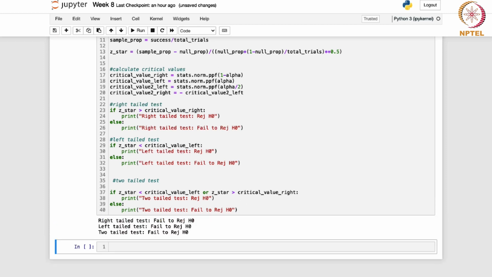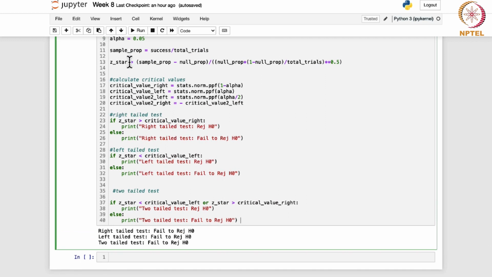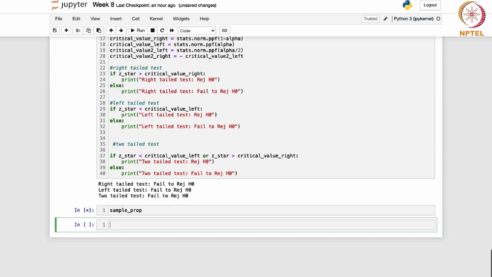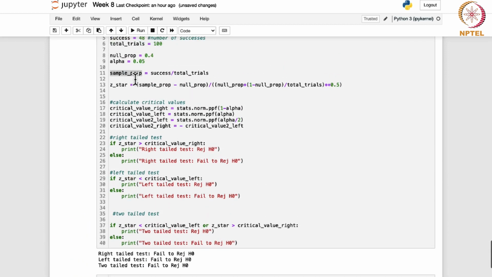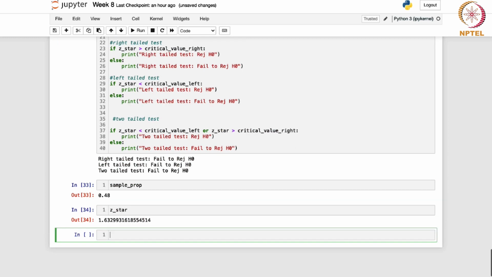So once we run this, we find that we fail to reject the null hypothesis. Okay, let us first of all look at sample proportion. What is sample proportion? It is 0.48. And what is your Z star? It is 1.632.